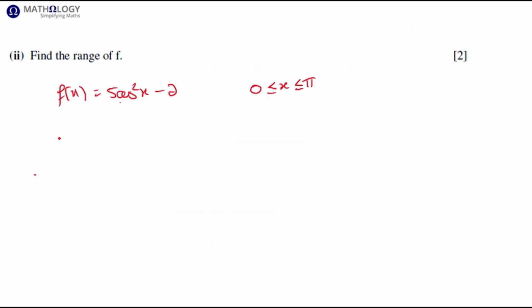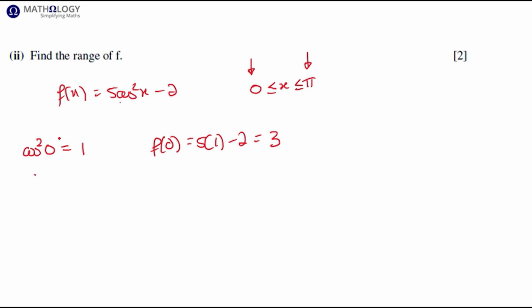To find the range of f of x, we can do so either algebraically or graphically. So starting with algebraically first, the smallest value of x is 0. So cos squared 0 will have a value of 1. That means that f of 0 will be 5 times 1 minus 2, which equals 3.